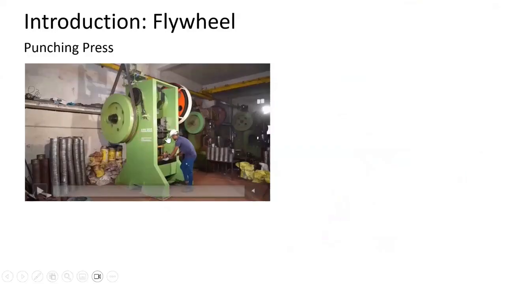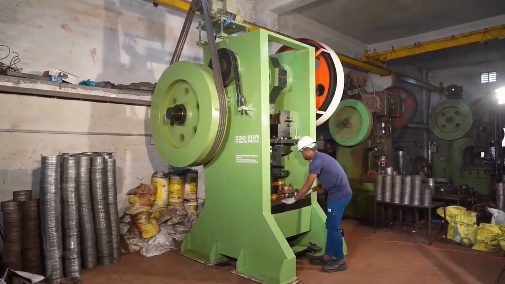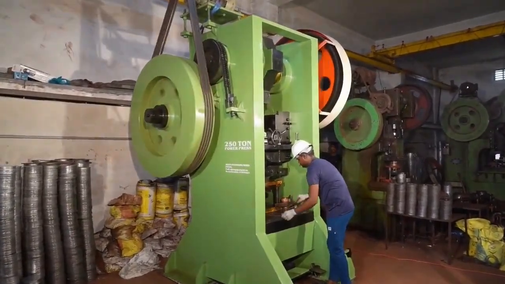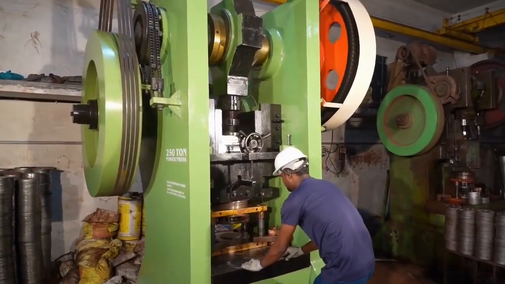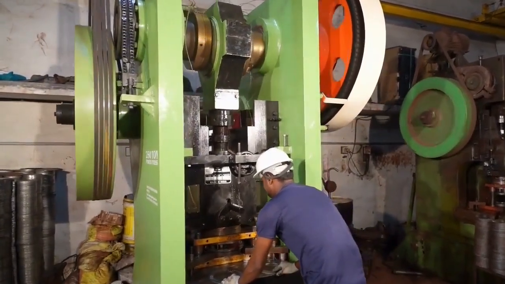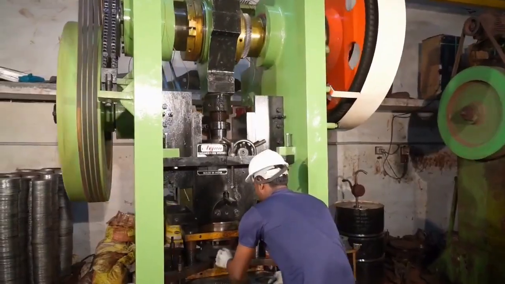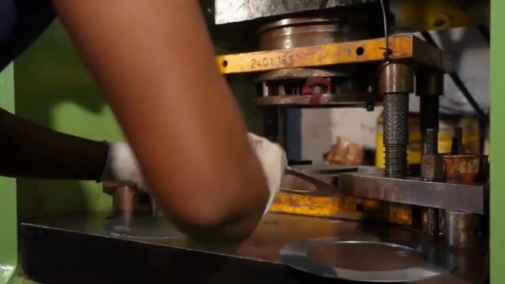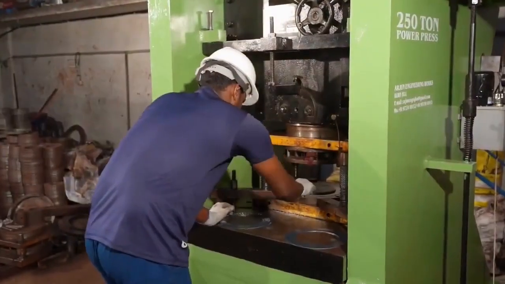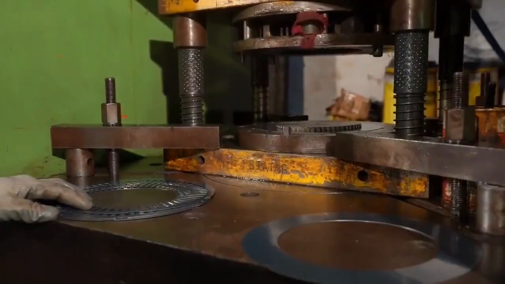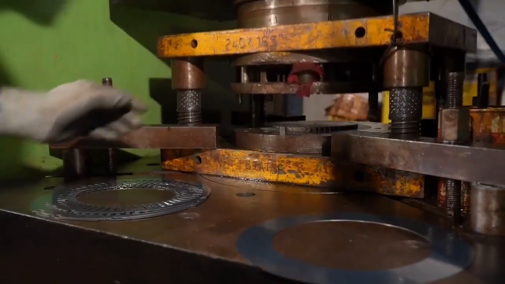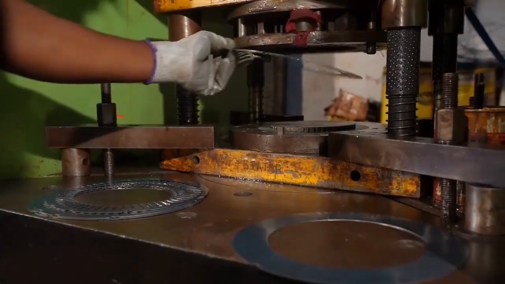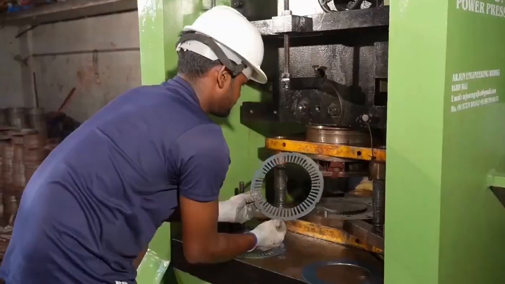So take a look at this example, a punching press. So the workpiece is punched against the tool and makes a certain pattern on it.